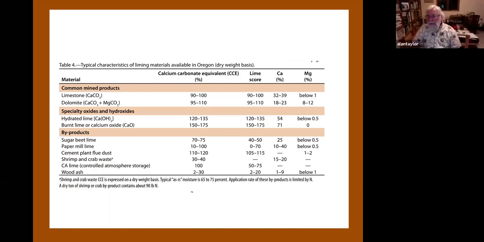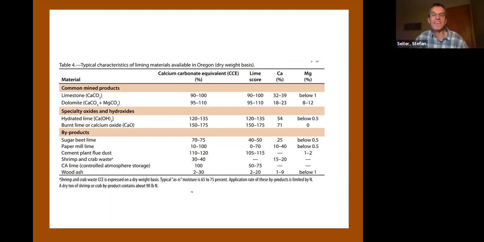Someone has asked, do you recommend manure compost? Yeah, it's a fine material. Especially if it's well composted, meaning it has gone through the composting process that is basically mandatory for the organic certification.